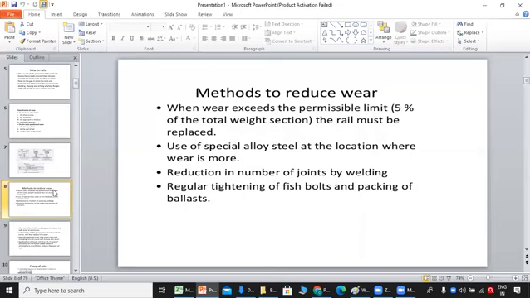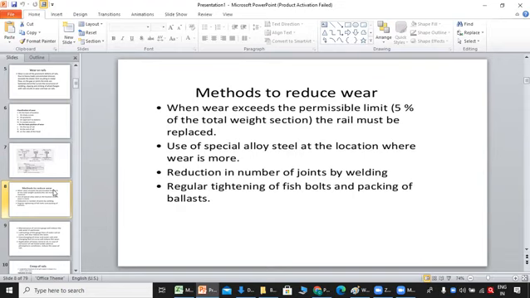We don't have any other option, ठीक है, यहाँ पे अपन वेल्डिंग नहीं कर सकते, कुछ नहीं कर सकते, वियर अगर एक्सीड हो गया, मेटल ही वहां से अगर फ्लो हो गया, सो द रेल मस्ट बी रिप्लेस्ड। Use of special alloy wheel at the location where wear is more, ठीक है, you know the position and the location of wear, so in that particular case we can use the alloy steel wheel, ठीक है। Alloy steel wheel obviously as compared to normal steel wheel, it can resist the load, also bear the stresses as compared to steel wheel.